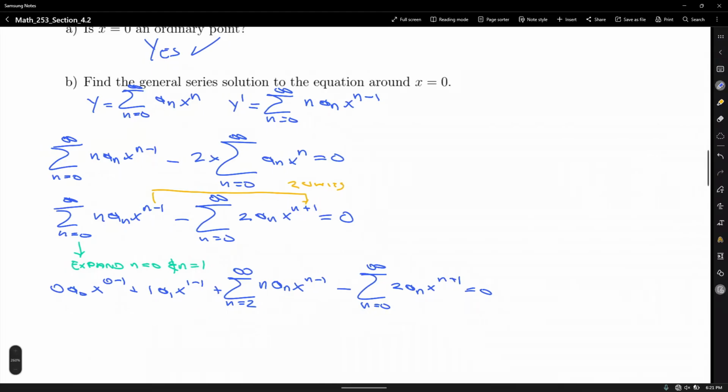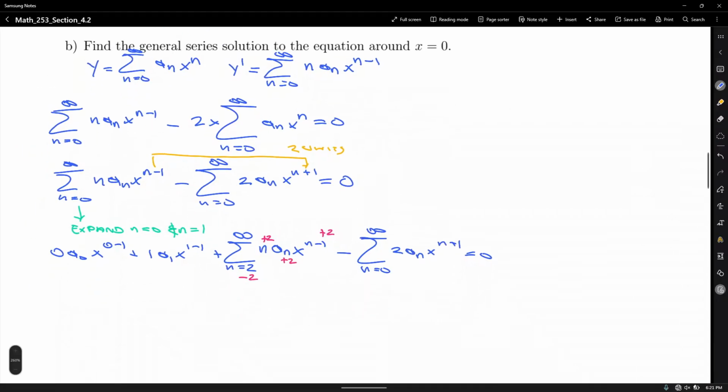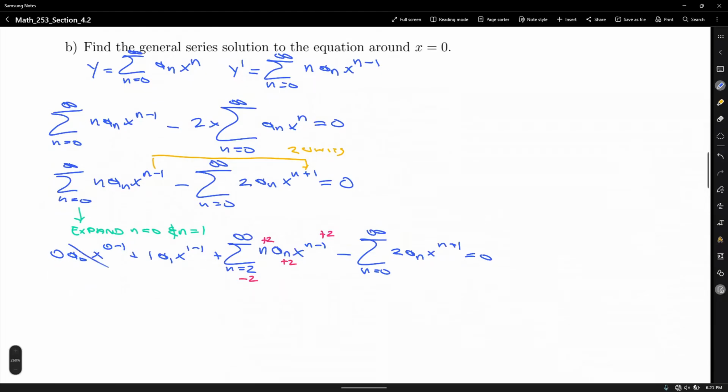Now, like this, we could add 2 units and subtract 2 units, and we do two things in one shot: the starting index at n equals 0 for both, and the same power of x, all right? Okay, guys. This is going to go to 0.